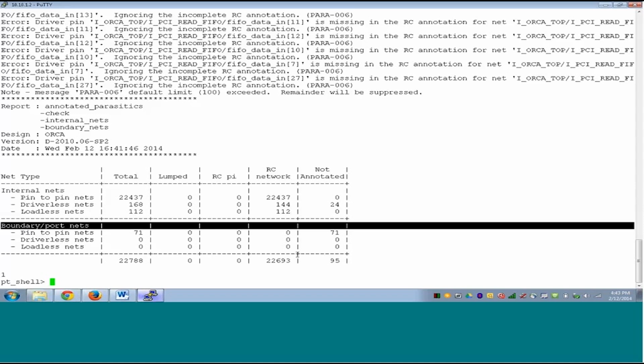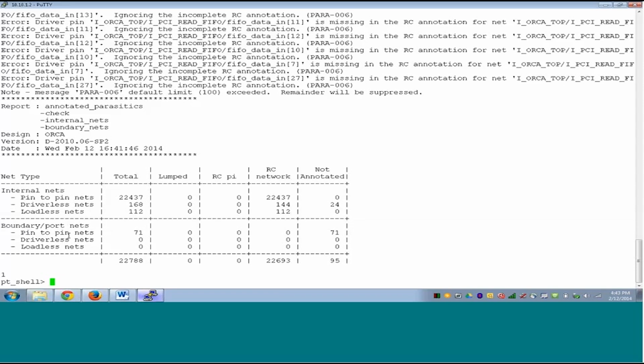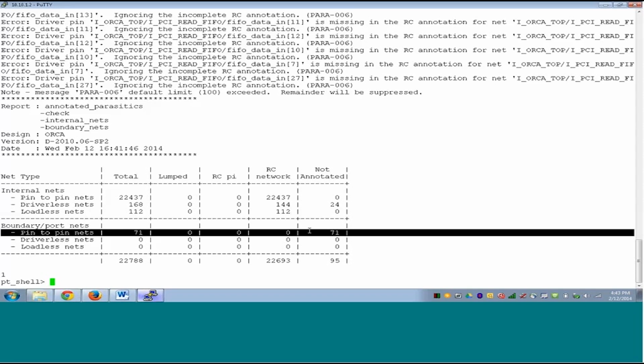You might need to debug with the backend engineer, or if you yourself are the backend engineer, you might need to debug why the port nets are not annotating. Many times the port nets are lumped into some value, the capacitance is lumped into some value. Many times if there are pads involved, then such cases can occur. So it depends on a case to case basis.